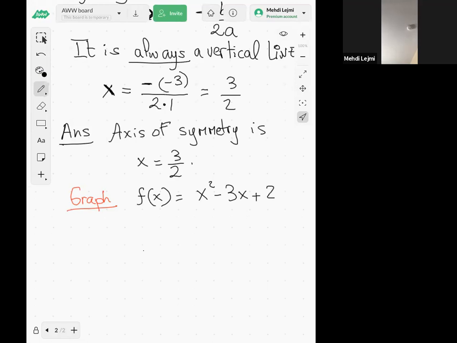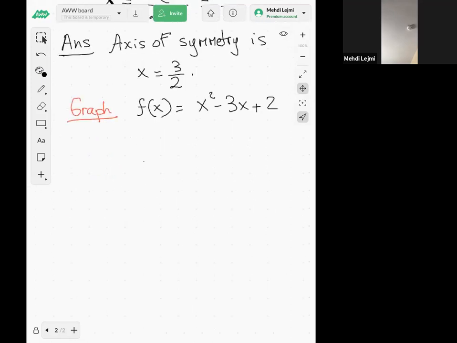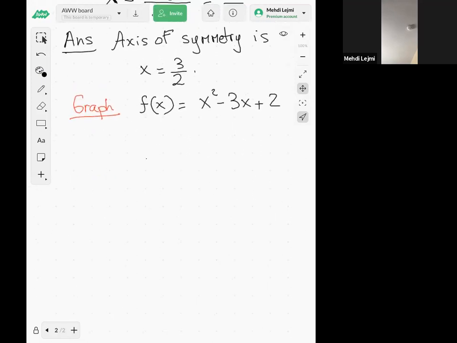So let's say here's 1, 2, 3, 4, etc. -1, +1, -1, +1, etc.